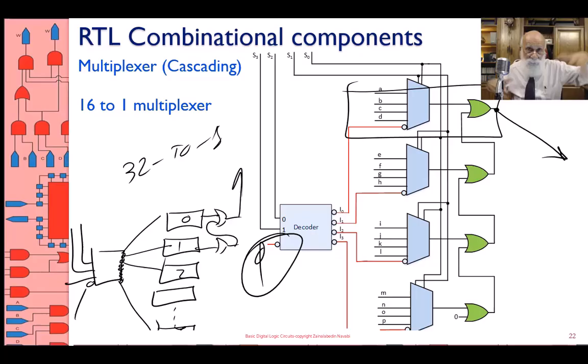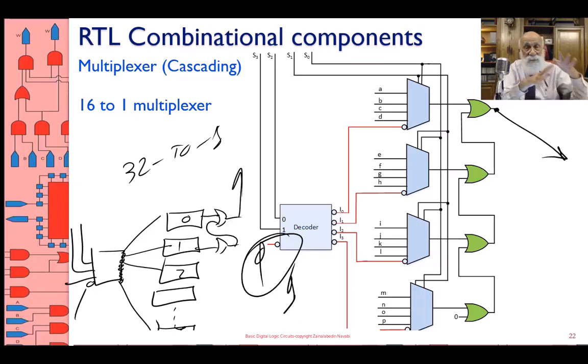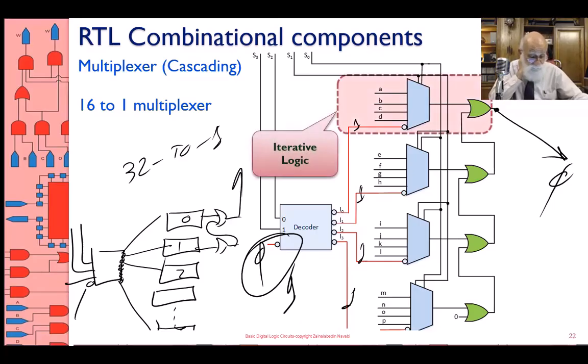That's the master enable for this entire structure. If the decoder enable is 1, this is not enabled. All the multiplexers are completely disabled. That means their enables are 1. Remember how the decoder works, right? The enables are 1, none of them is selected, and therefore none of them are looking at their A, B, C, D, or the 4 inputs, and therefore what you get on the output is a big, big 0.